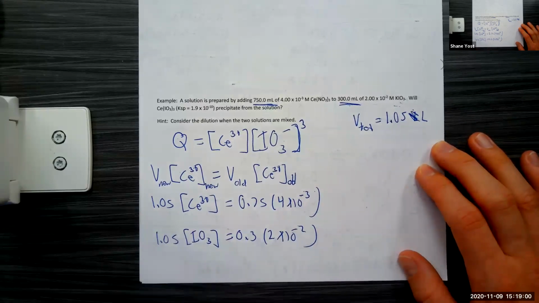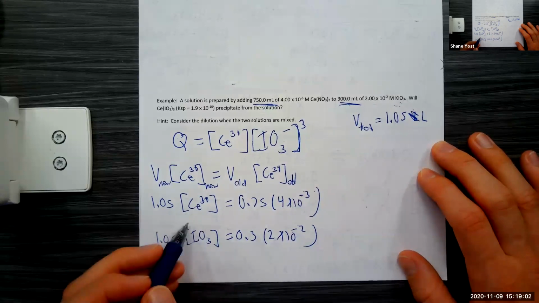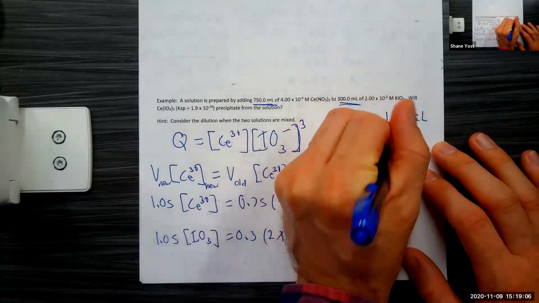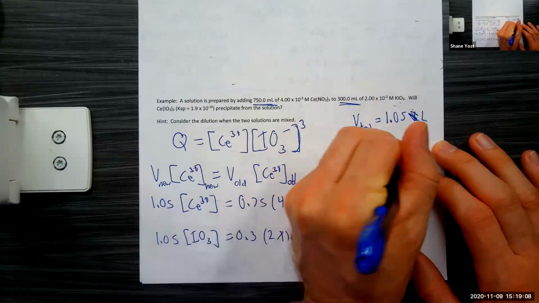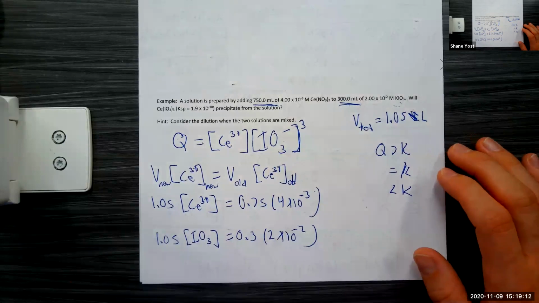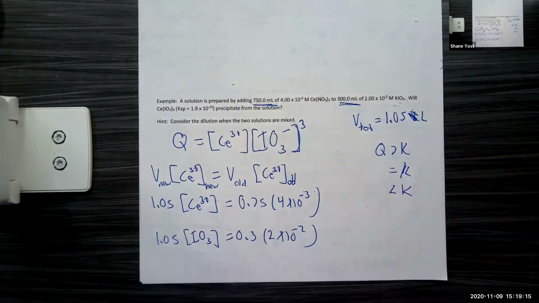When I get those concentrations, I plug them into Q and ask myself, is Q greater than K, equal to K, or less than K? I don't have those numbers off the top of my head, but I can plug them in for those who are curious. But I'll end here because we've essentially run out of time.